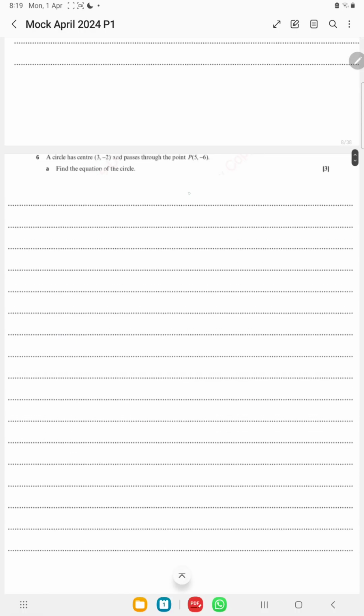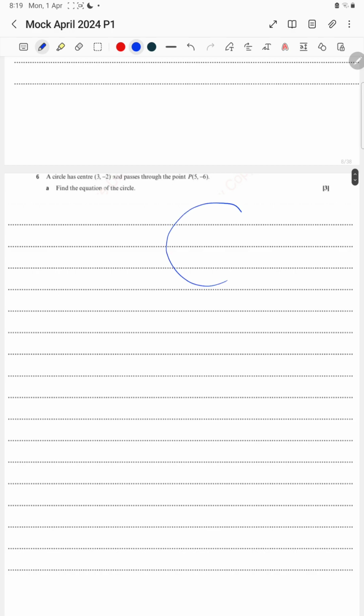Question number 6 says a circle has center, like if we have a circle like this, its center is 3 comma minus 2 and passes through a point P, that is 5 comma minus 6. We have to find the equation of circle. For that simple question we have to find the radius only, OP.